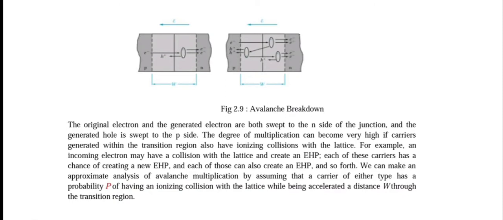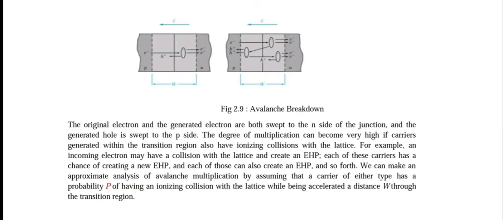We can make an approximate analysis of avalanche multiplication by assuming that a carrier of either type, both electron and hole, has a probability P of having an ionizing collision with the lattice while being accelerated a distance W through the transition region.